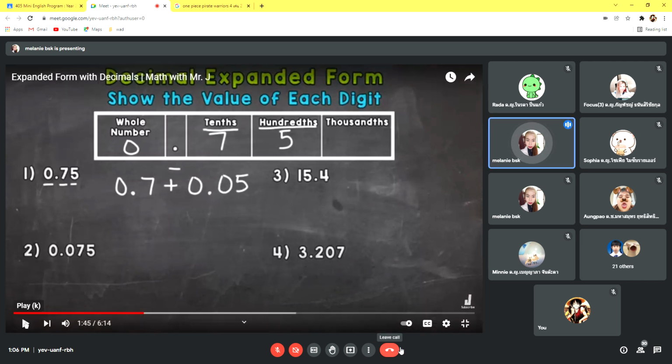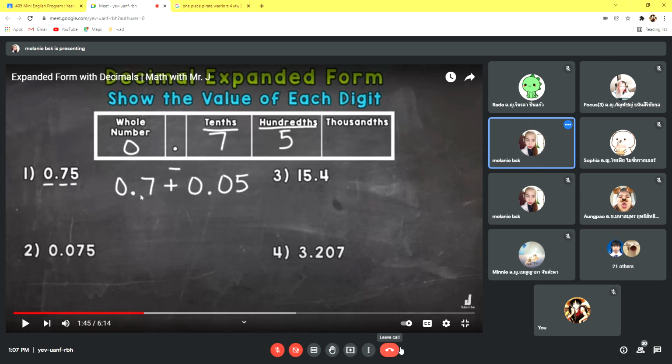Okay, children, listen up. Any number that doesn't have a point at the beginning is a whole number. And any number that starts with a decimal point is a decimal number. So if you're going to expand a decimal, you're going to start with the tenths place. The tenths place doesn't have 0 in the beginning.